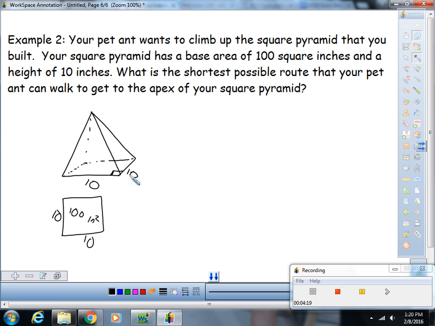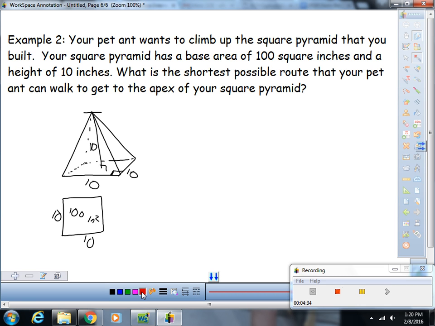Now, one more thing. It says the height of the pyramid is also 10. Now, is every route that your ant takes up the pyramid going to have the same length? It's not.